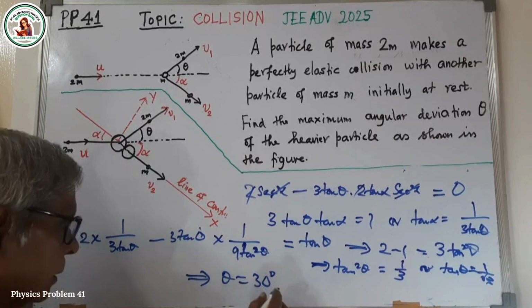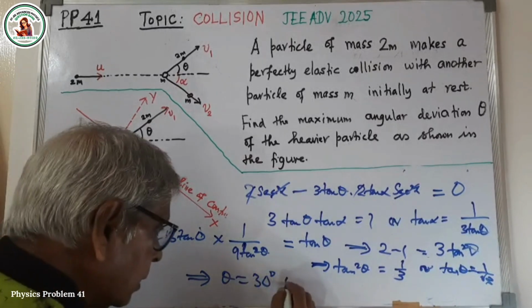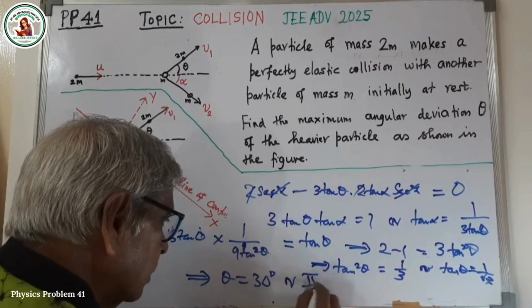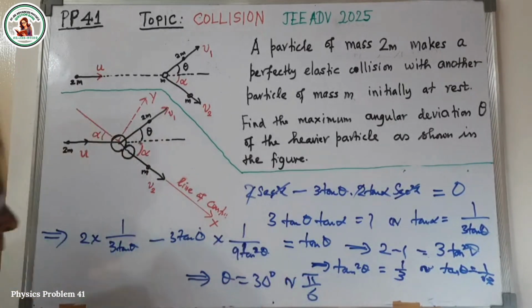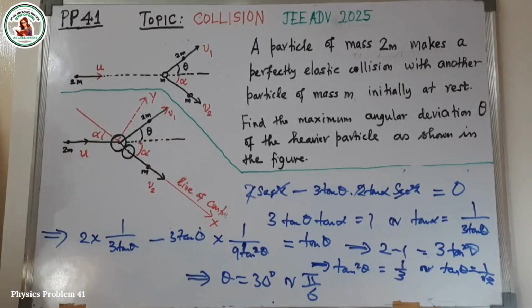This is the required answer in degrees, or pi by 6. Pi by 6 is the quoted answer in the question, so we get pi by 6 as the answer.